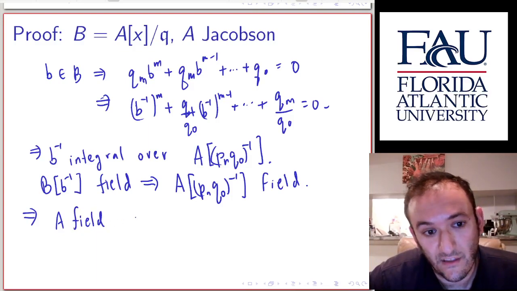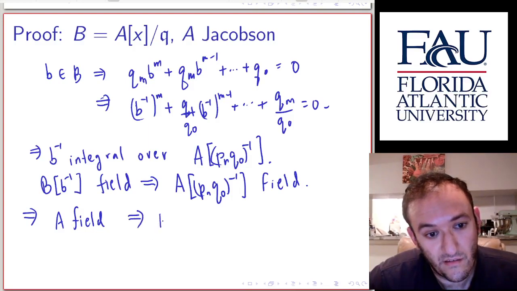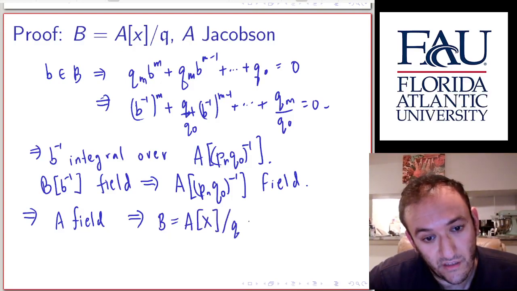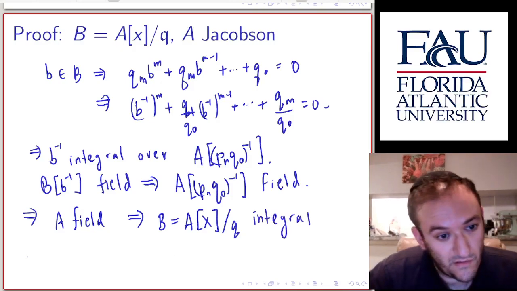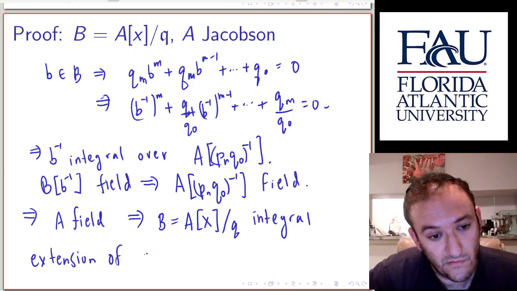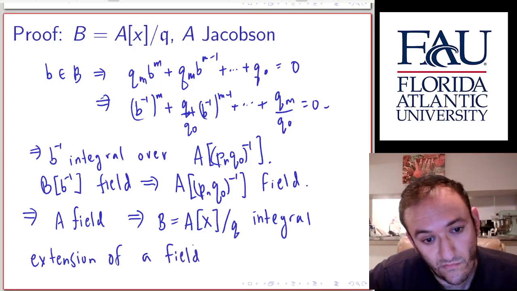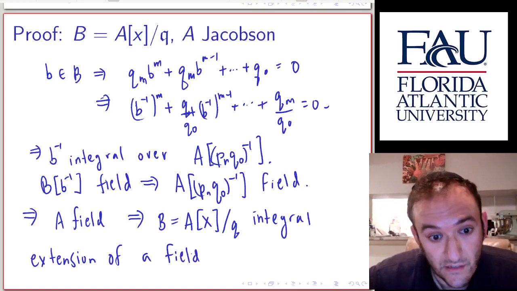But if A itself is a field, then B equals A adjoin X mod Q. This is an integral extension of a field. So that means it's also a field.